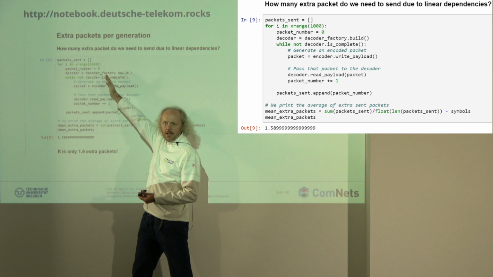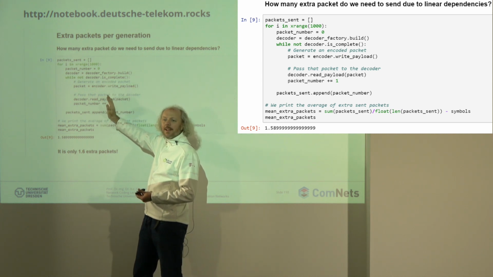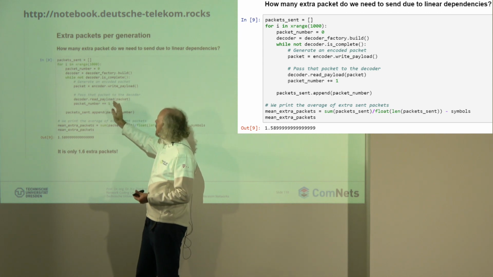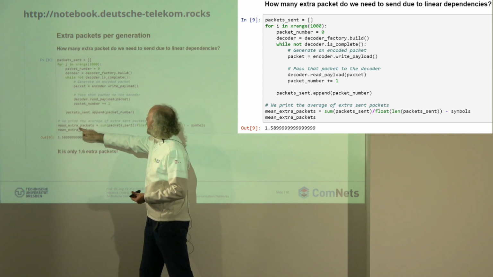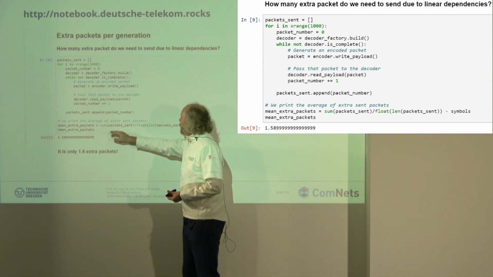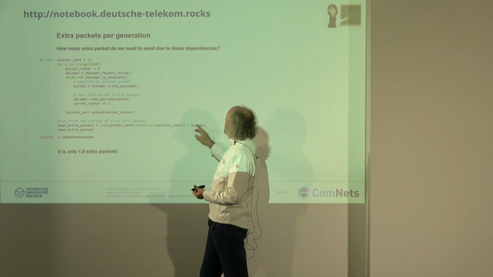Our generation size was 8, and sometimes it's 8, sometimes it's 9, 10, 11, and then it goes down in probability more or less. And when we do this, after you have done it 1,000 times, you calculate mean extra packets. It's the sum of packets sent divided by the float length of the packets sent, minus the symbols.